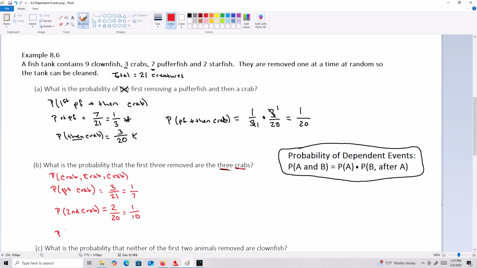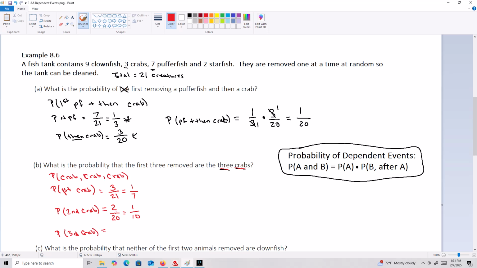The probability of getting the third creature to be a crab is, bear with me a second, when we piece it all together at the very end. Now, if the first time we got a crab, there were three chances out of 21, and then that left only 2 crabs.